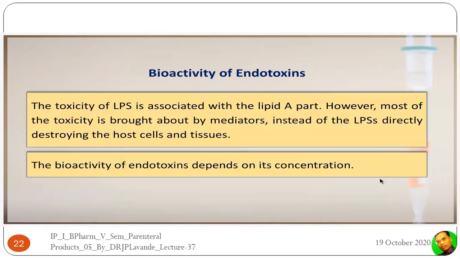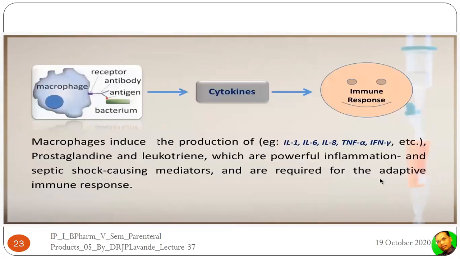Now, if we look at the bioactivity of endotoxins, the toxicity of lipopolysaccharide is associated with the lipid A part. However, most of the toxicity is brought about by mediators. Instead of the lipopolysaccharides directly destroying the host cells and tissues, the bioactivity of endotoxins depends on its concentration.